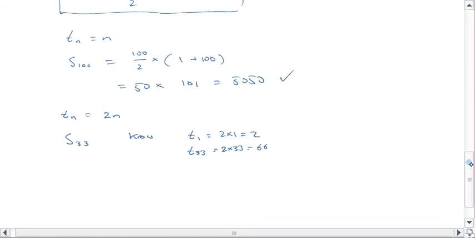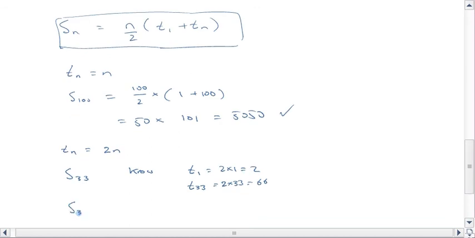S33 is n divided by 2, so that's 33 divided by 2 times the last term, T33, which is 66, plus the first term, 2.